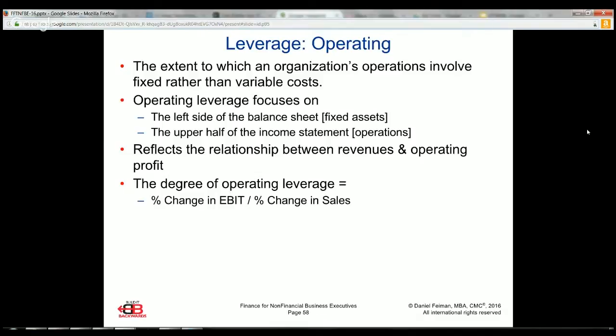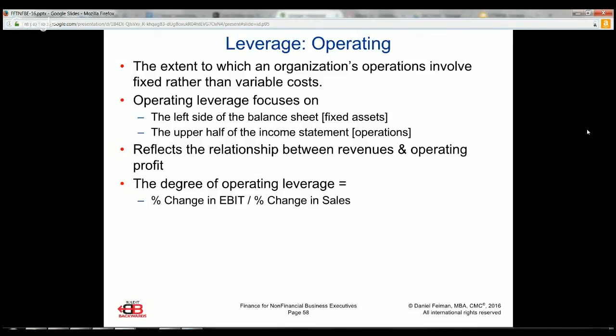Well, 20% times 4, we should see an 80% increase in our operating profit. But please remember, leverage is a two-edged sword. Although it will magnify our gains when we calculate it correctly, it also will magnify our losses.